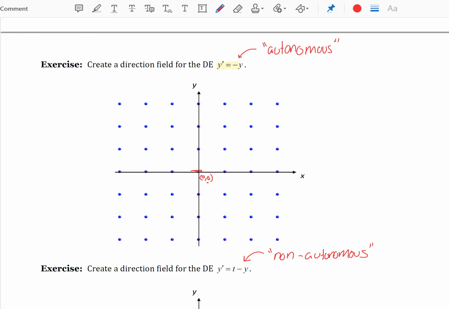If we pick the ordered pair 1, 0, again I want to find the slope here, but since our differential equation only depends on y, I only use the y value, in which case the slope here would be 0 still. In fact, the slope would be 0 for everything along the x-axis where y is 0.